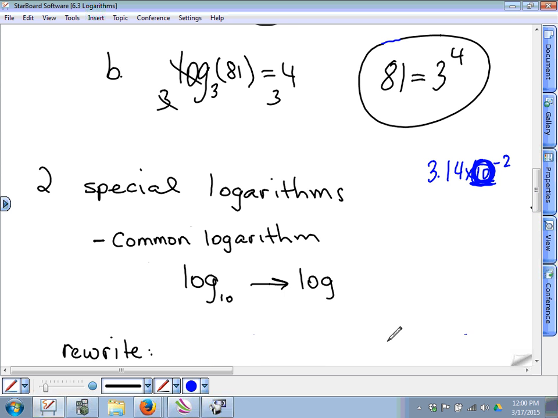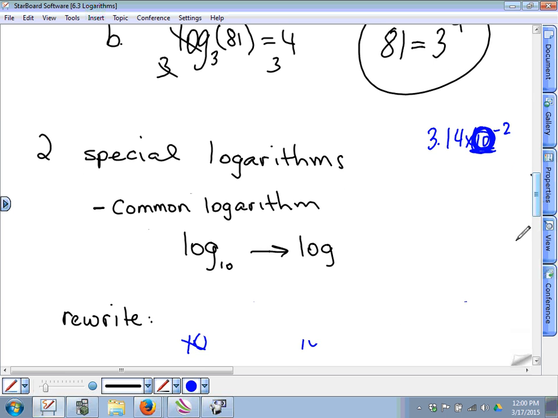Rewrite, if you can. That's a challenge. I dare you. I triple dog dare you to rewrite log of 1,000 is equal to 3. I want you to rewrite that in exponential form.